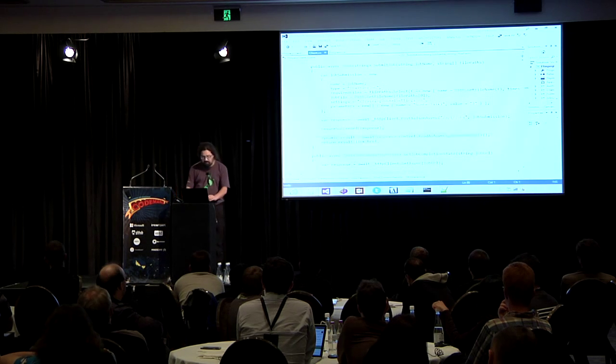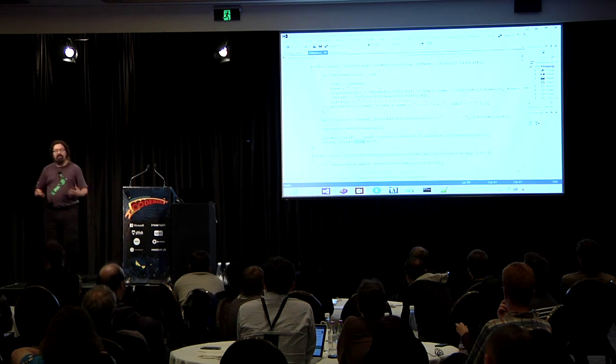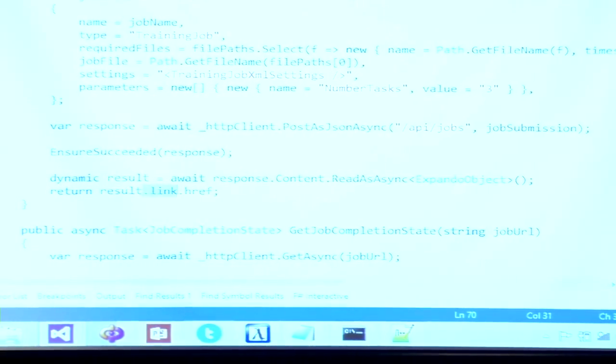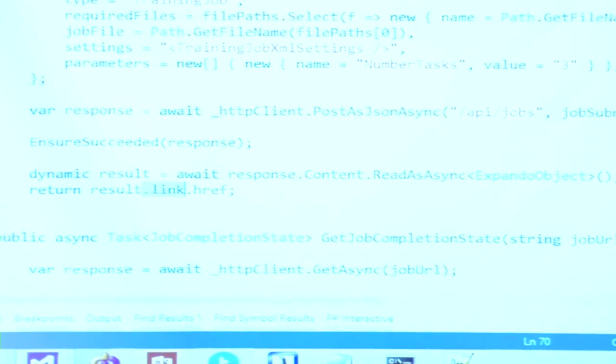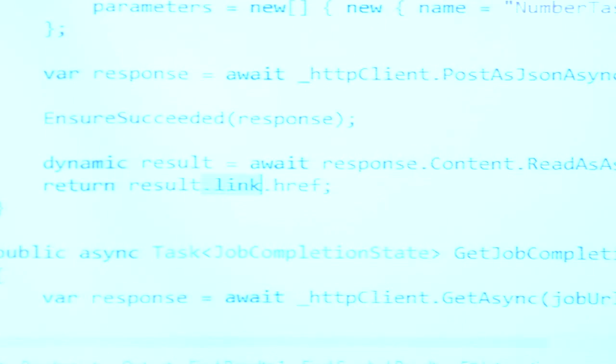And then, thanks to the C# dynamic keyword, I can access those properties in a dynamic way without having to create a class, without having to declare a link property, just using my awesome beard powers to know that at runtime there will be one, even if the compiler can't prove it.